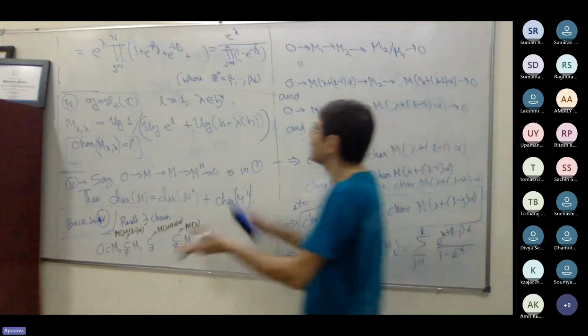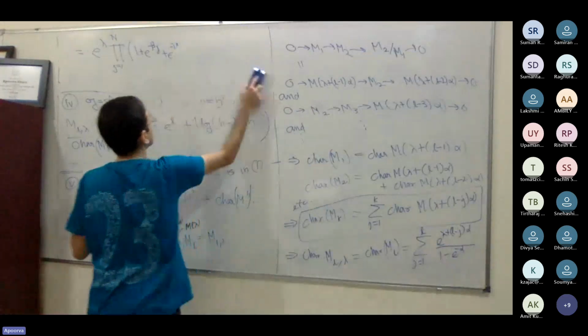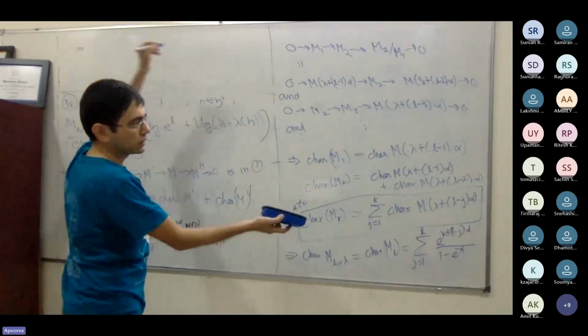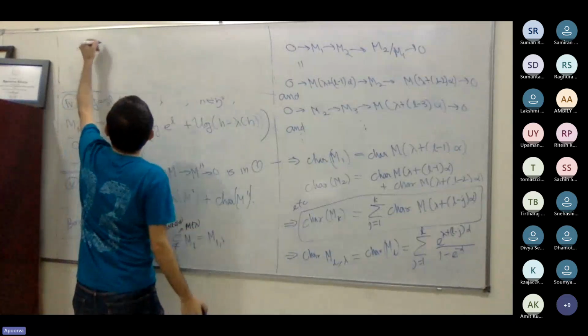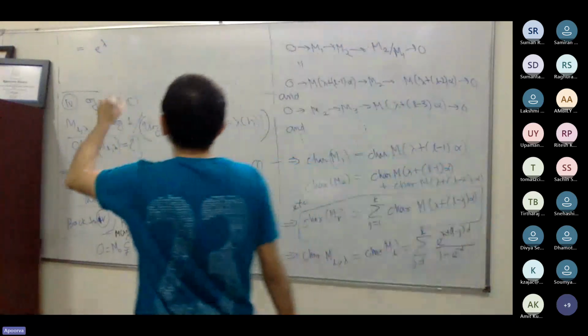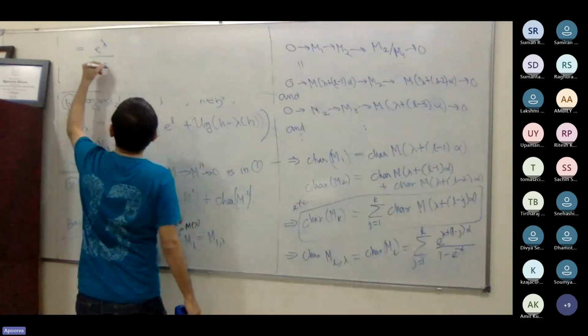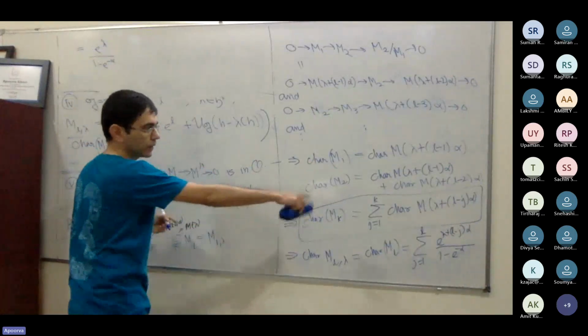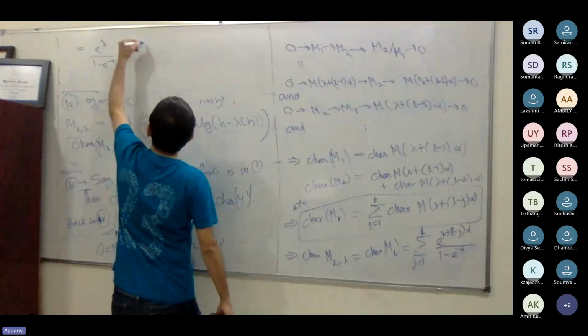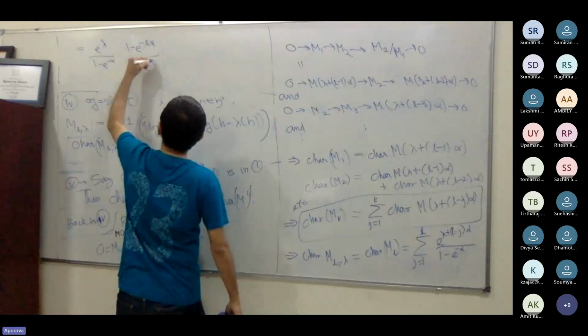And now it's again a geometric progression, so if you want, you can write this down as e power lambda by 1 minus e power minus alpha, and then it's 1 plus and so on, up to 1 minus e power minus L alpha.